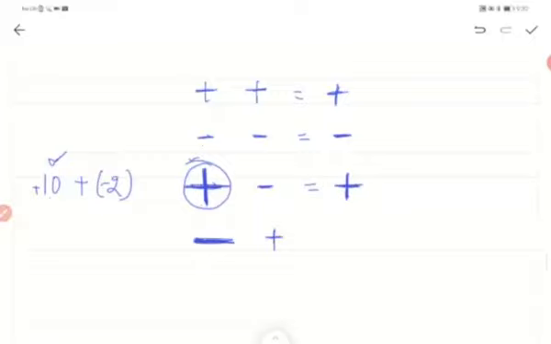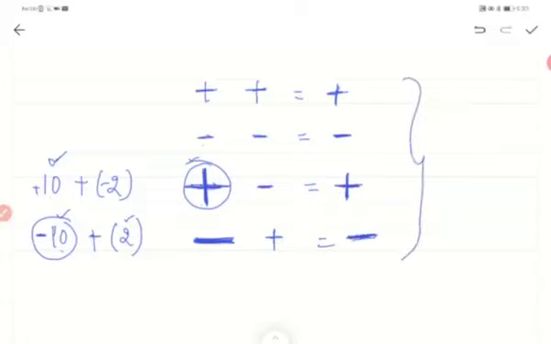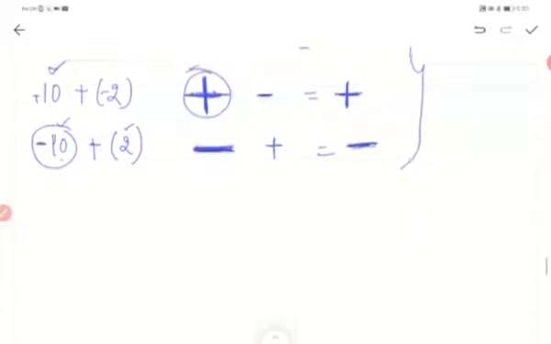If my big number is a negative integer, so if I take minus 10 plus 2, whatever output you get after adding, you will take the sign of the big number. Between 2 and 10, your big number is 10, so your output will be negative, that of your bigger number. Remember these things, they are very important for addition. When we do more and more problems, you will remember these things.